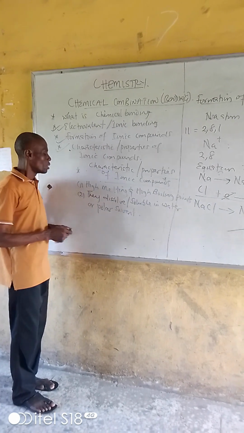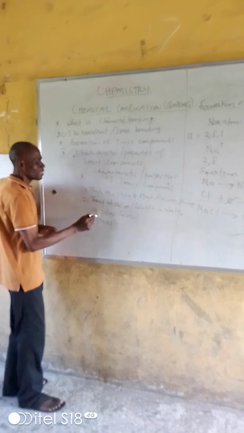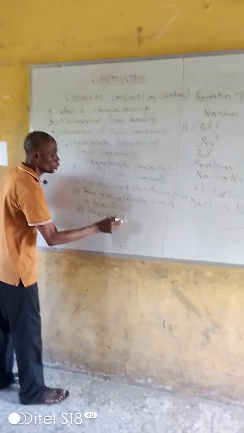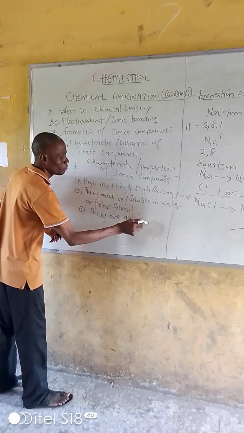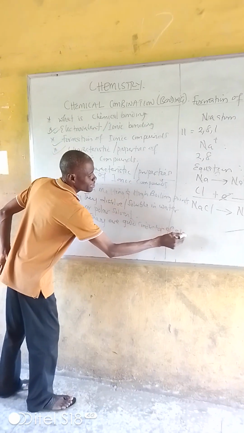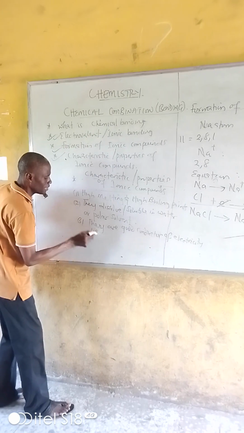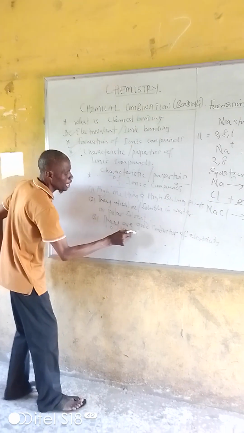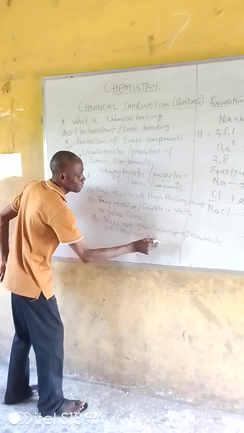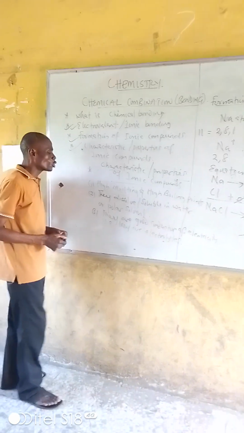Now, number 3 is that they are good conductors of electricity. That is, they are electrolytes. Electrolytes are liquid conductors.